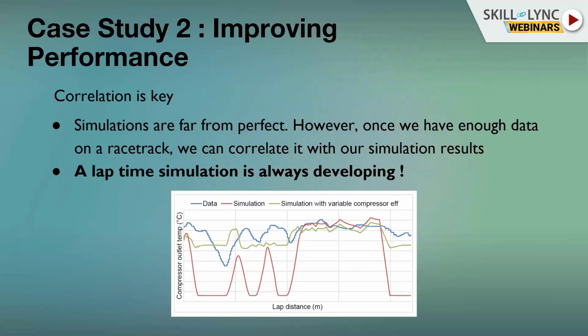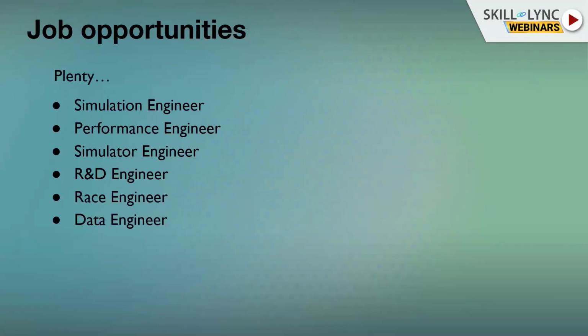So that's why if you are working in a racing team, once the race weekend is done, what you will do the week after is correlation, because you want to understand what was missing on your tool and what can be improved for the future races.